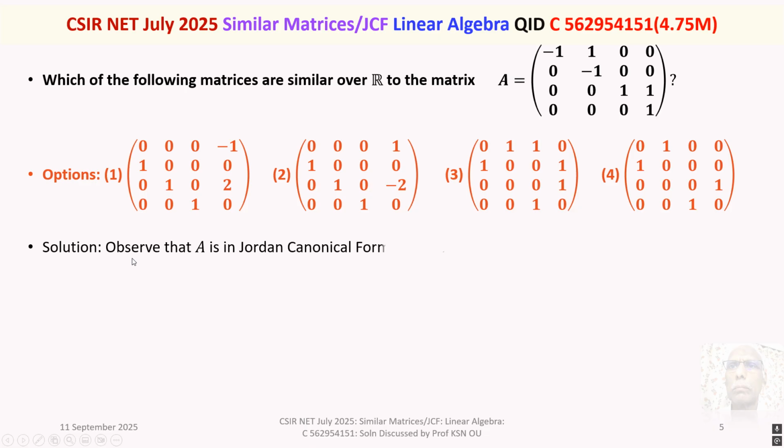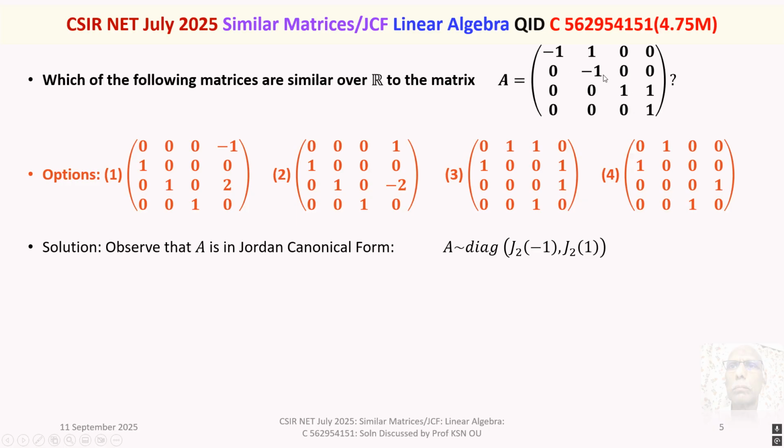Observe that A is in the Jordan canonical form. Look at A, and it is -1, 1, 0, -1. This 2 by 2 Jordan block corresponds to the eigenvalue -1. It is a Jordan block of size 2 corresponding to lambda equal to -1. And here it is a Jordan block of size 2 corresponding to the eigenvalue lambda equal to 1.